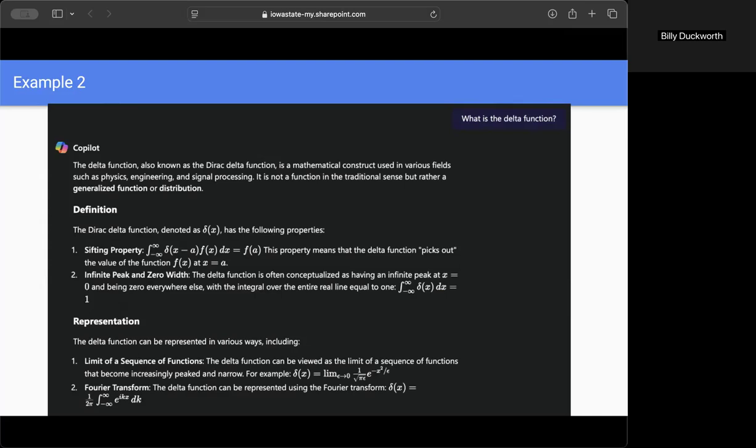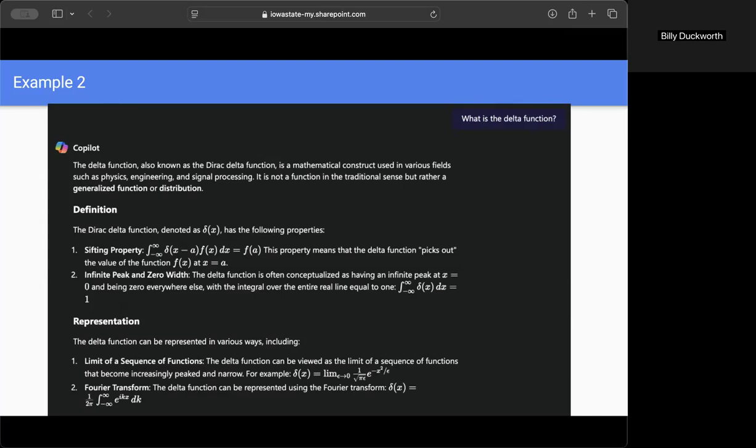So the Dirac delta is supposed to have this sifting property, which is not terminology used in the class, but it's just if you integrate delta times a function, then it will just give you back the value of the function. So it picks out a specific value. And something you probably will hear in this class is that it's thought of as having an infinite peak and zero width.